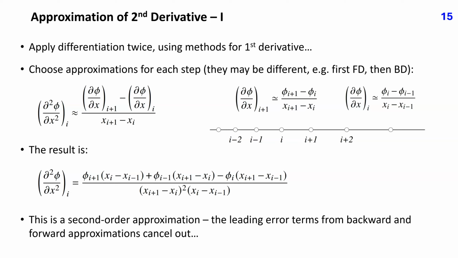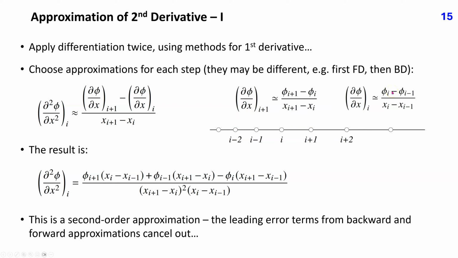For example, we can first use a forward difference as in this expression: the first derivative at node I plus 1 minus the first derivative at node I, divided by the distance between these two nodes. For the first derivative at node I plus 1 and I, we may use backward differences, as shown in these two expressions.